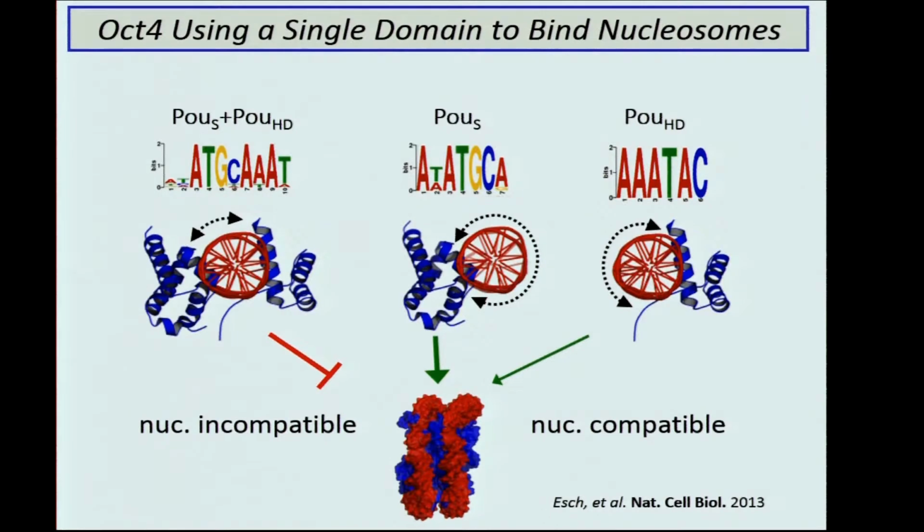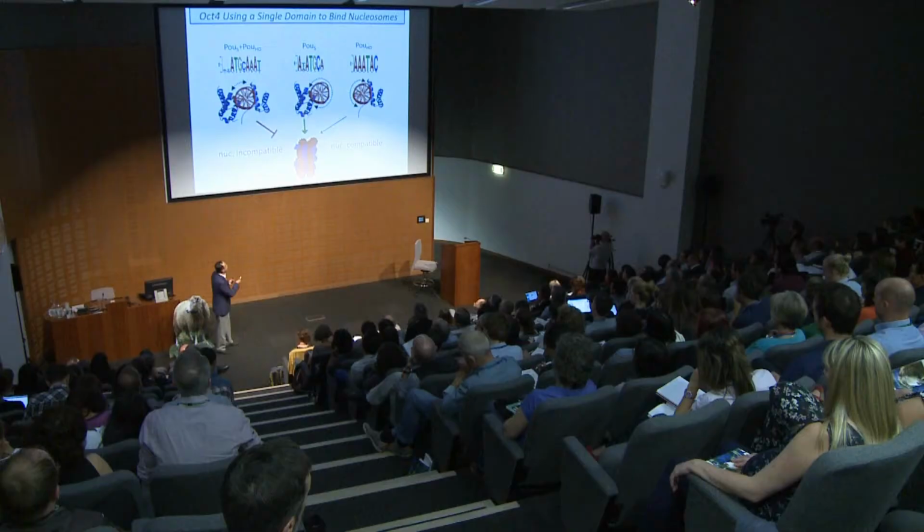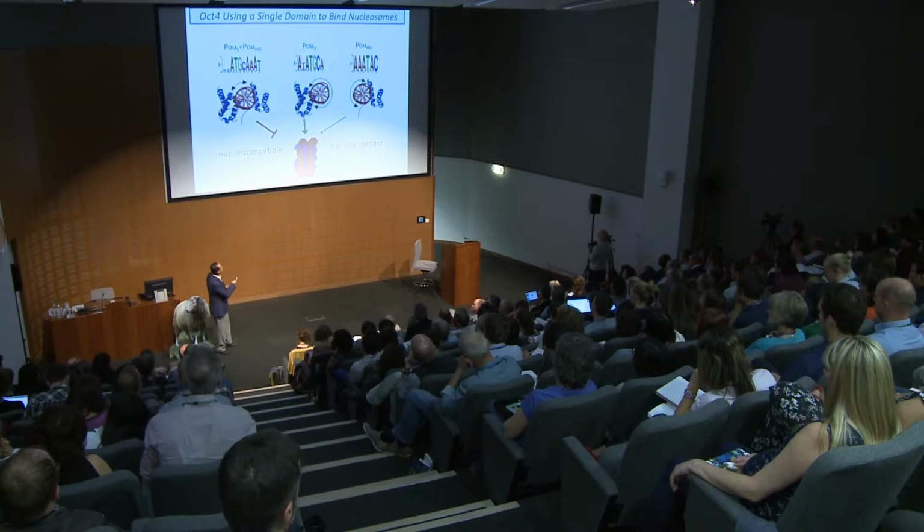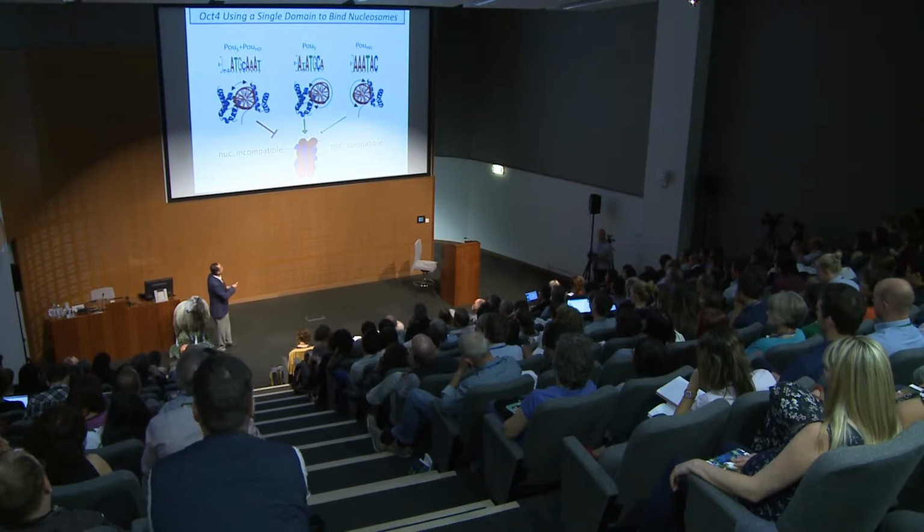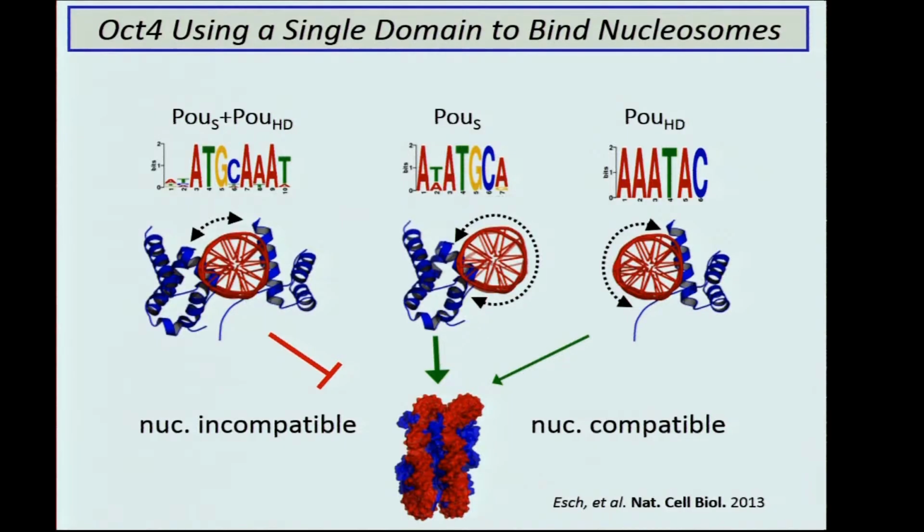When both of these DNA binding domains recognize the DNA, they leave very little space to be compatible with nucleosomes, but they recognize the full motif. But our data suggest that OCT4 is only using one of the DNA binding domains at a time, recognizing half of the site, leaving the majority of the DNA exposed and compatible to bind a nucleosome.